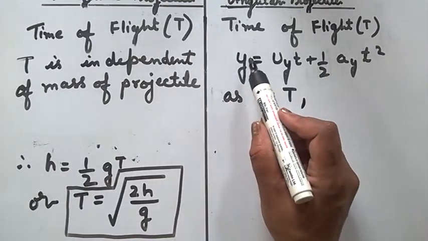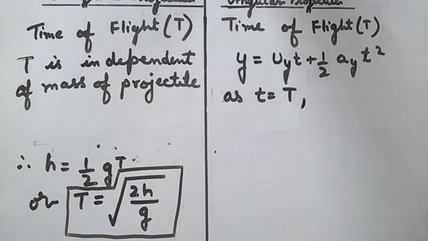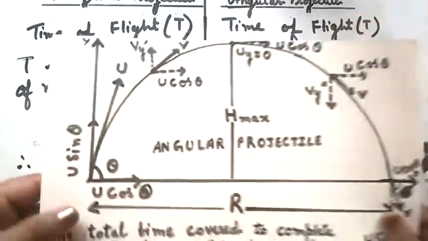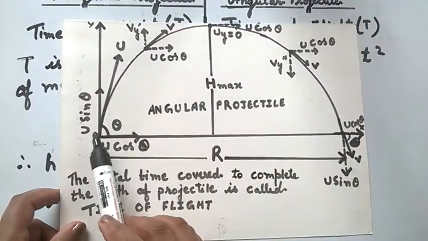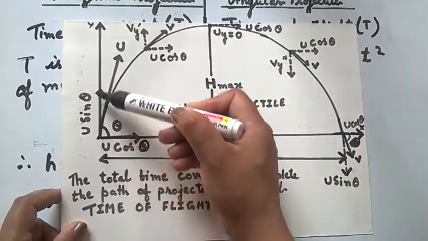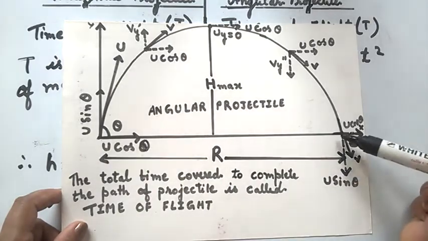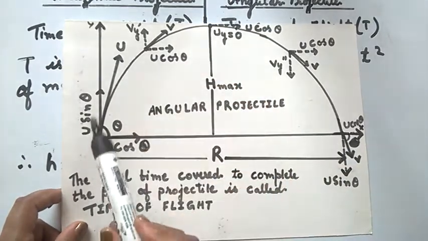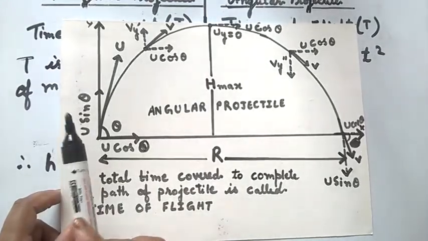By the figure we can see that here the displacement is along positive y direction and here it is negative y direction. Therefore, the total displacement by a projectile in y direction is 0.